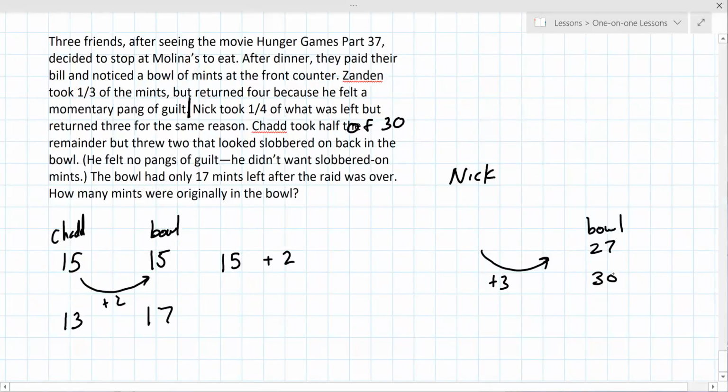But where did the 27 come from? We know that he put 3 back to get to 30. So the only way you can get to 30 is if there were 27 in the bowl. Okay. Nick took a quarter of what was left, but there was 27 in the bowl at this point. So I'm losing track here.